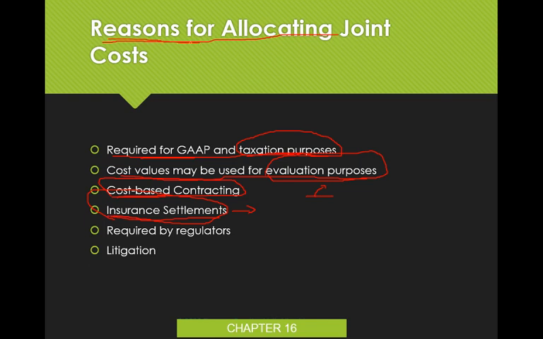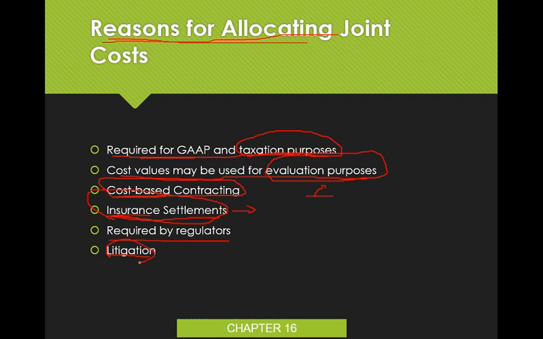Then we need to allocate the joint cost to every product to know the cost of the product that is damaged, to get reimbursed by the insurance company. Also sometimes required by some regulatory agencies, and for litigation, لأغراض القضايا والأغراض القانونية طبعا.